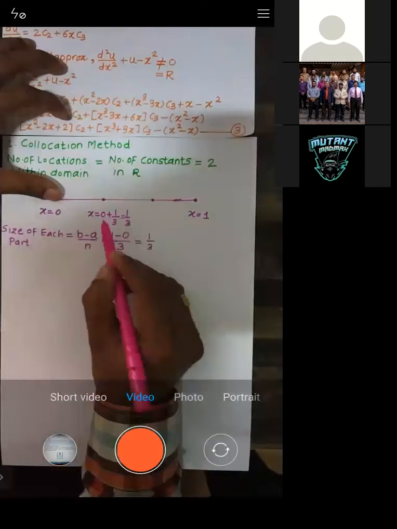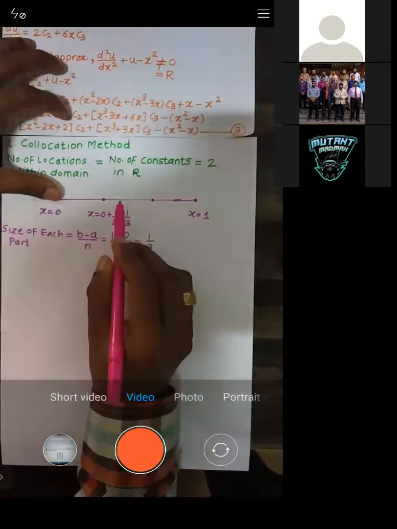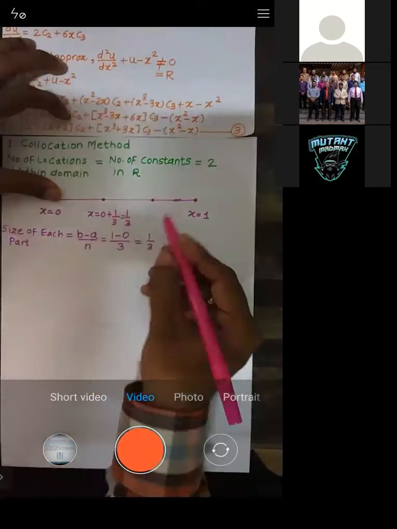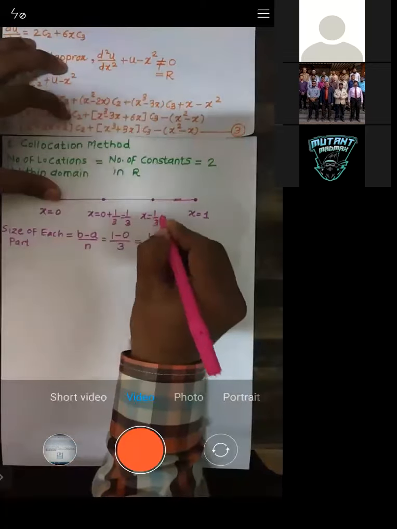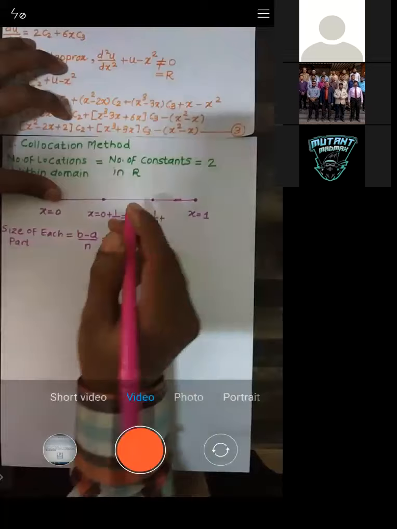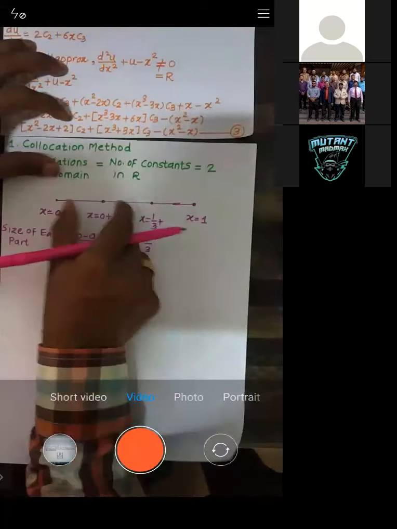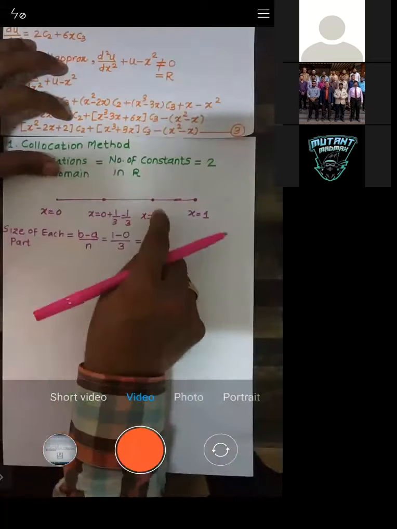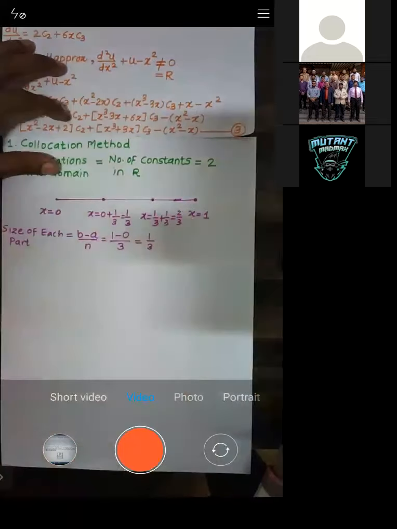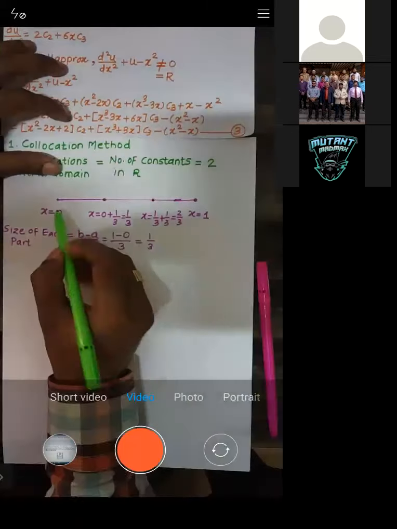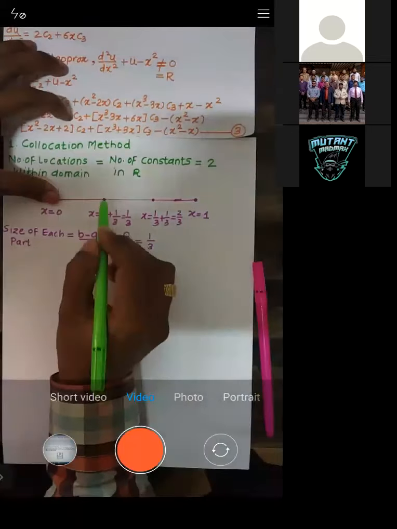Now here x is 1/3. Now if we need to calculate x here, what value of x are you getting? This 1/3 is already there, plus you need to add this 1/3. So here you will get value of x as 2/3. Try to understand. See, here x was 0. What is the value of x here? It's 1/3. What is the value of x here?